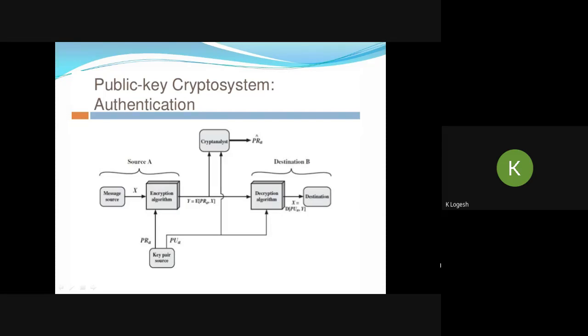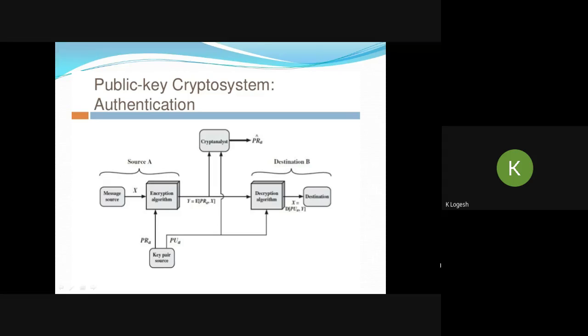If you encrypt the message using your own private key, then using your public key it can be decrypted. So at the receiver end, the receiver B will decrypt the message using A's public key.